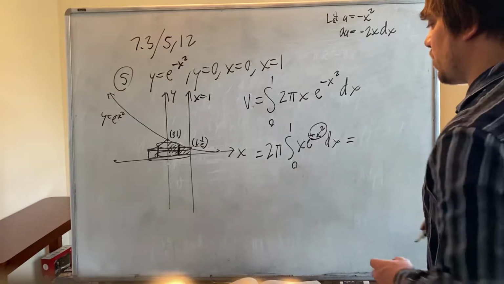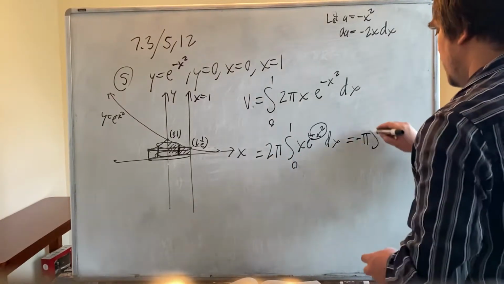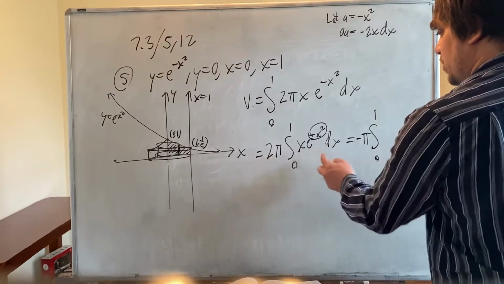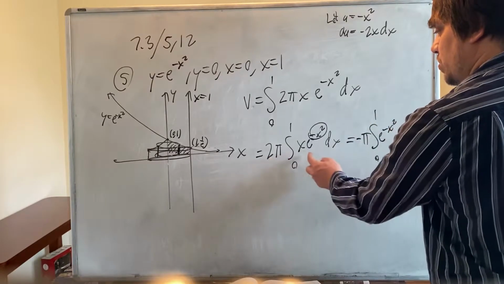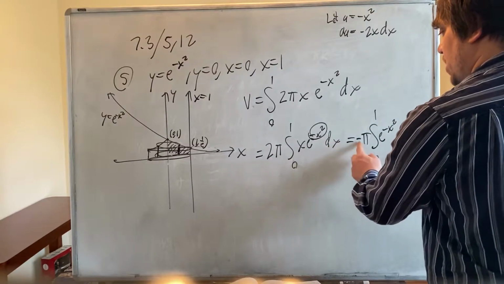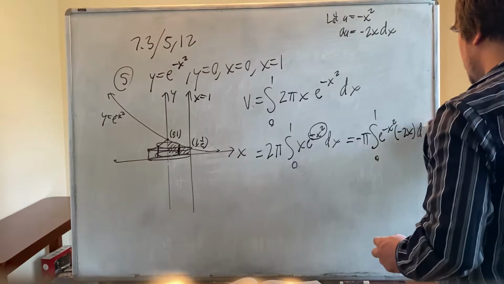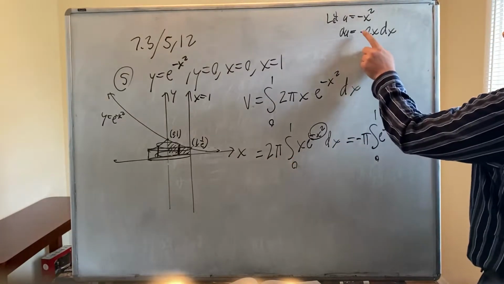So what I'm going to do is negate the outside, get negative pi, and then bring another negative sign inside, and the 2 inside. So I'm going to get e to negative x squared, and the 2 I'm going to bring inside, so it's going to be 2x dx, but because I multiplied the outside by negative 1, I'm going to multiply the inside by negative 1. I already have a 2. What I'm missing then is a negative sign.